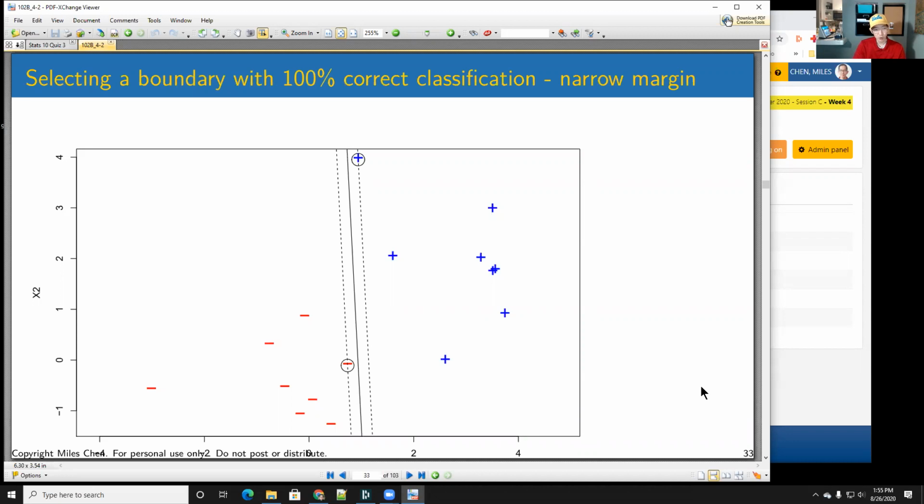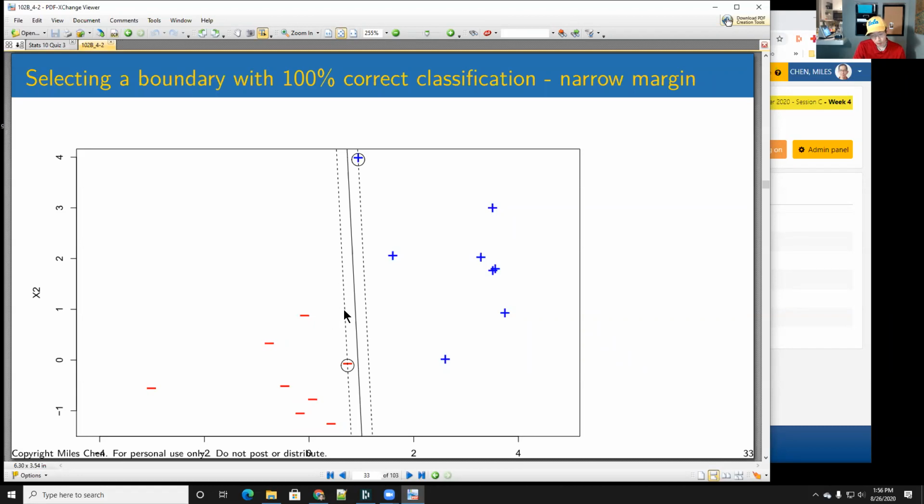If I draw a line like this, almost vertical, this counts as 100% correct classification. These dotted lines count as hyperplanes that separate the blue from the red.